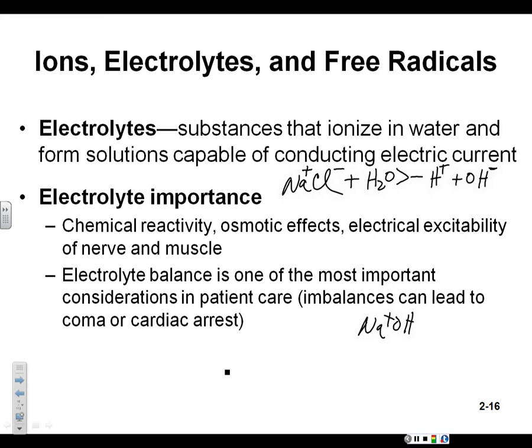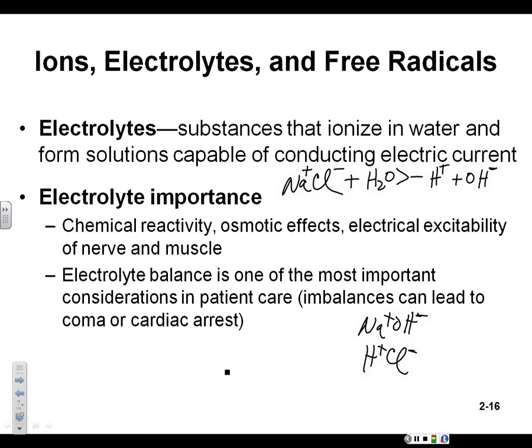OH carries negative. Hydrogen wants to bind with the chlorine. So now we make sodium hydroxide plus hydrochloric acid, which is a weak acid and a weak base.